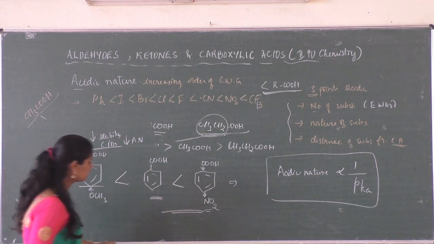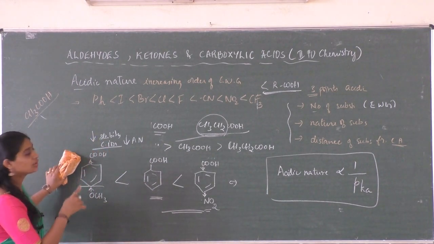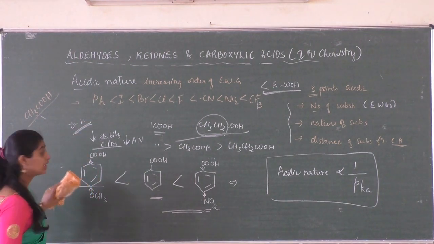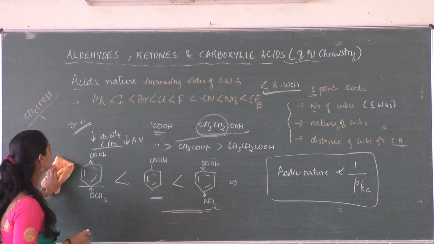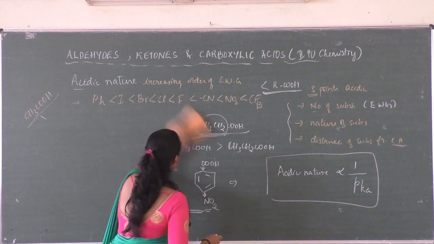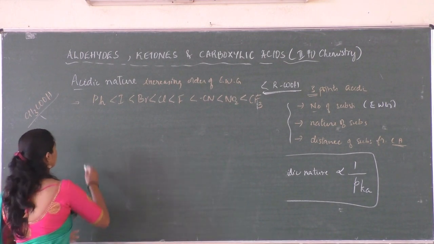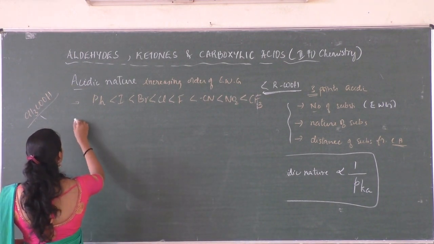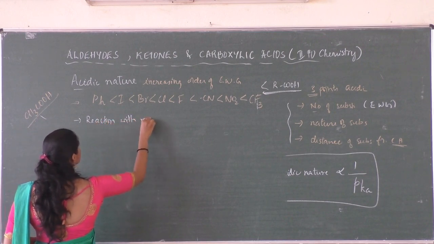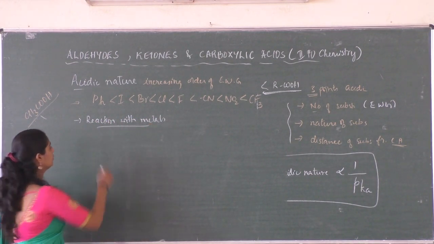One more thing: by the cleavage of the oxygen to hydrogen bond, that is, cleavage of the OH bond, the acidic character can be explained by considering 2 to 3 reactions, that is, the chemical reactions that involve the cleavage of the OH bond. So that is the reaction with metals. Like alcohols, these carboxylic acids also react with metals.